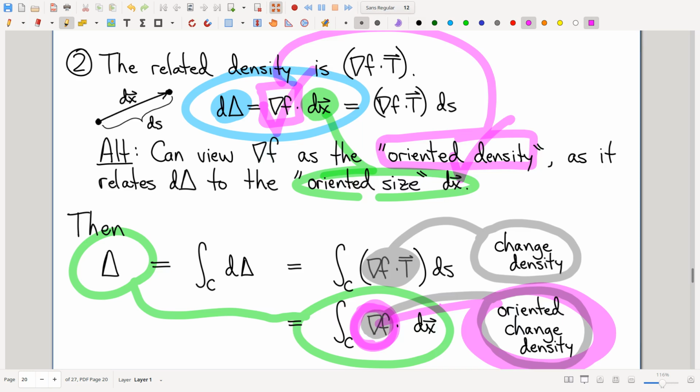So why do I push this on you? It's not because I want y'all going around talking about oriented change density out in public, right? It's because I think there's good ideas in here. So think about how this is an oriented thing. It's telling me about a density of the quantity called change, and so the term kind of makes sense. This is for intuition purposes. It's not for communicating with other people outside of this class.